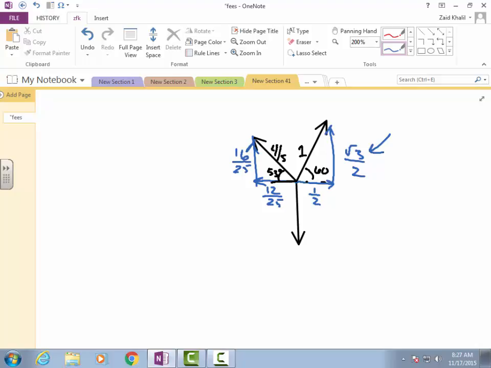Yeah, right? So in other words, we now have an approximation for this. Root 3 over 2 is approximately 7/8.